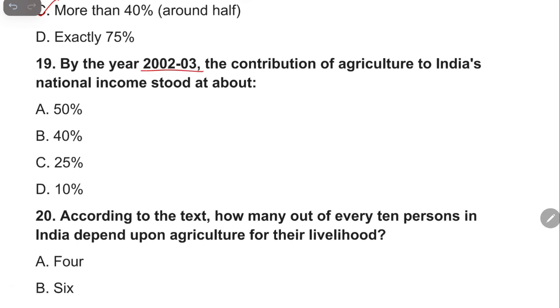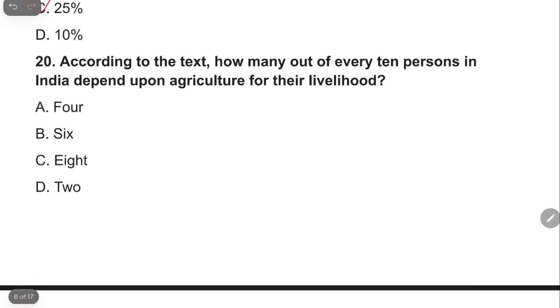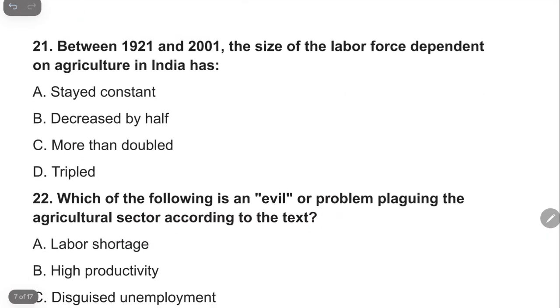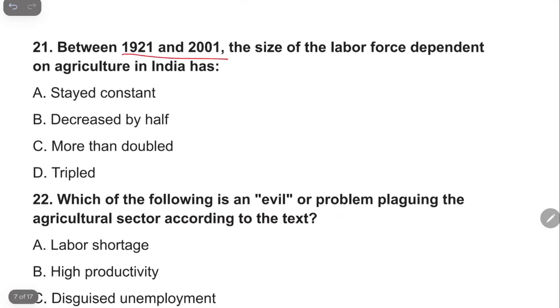By the year 2002-2003, the contribution of agriculture to Indian income stood at about 25%. According to the text, how many of every 10 persons in India depend upon agriculture for livelihood? 6. Between 1921 and 2001, the size of the labor force dependent on agriculture has more than doubled.